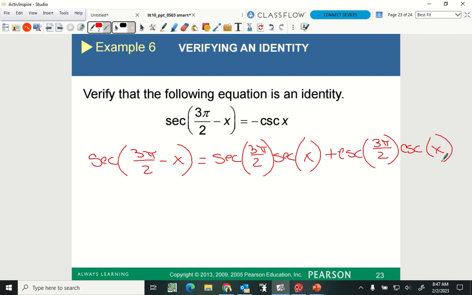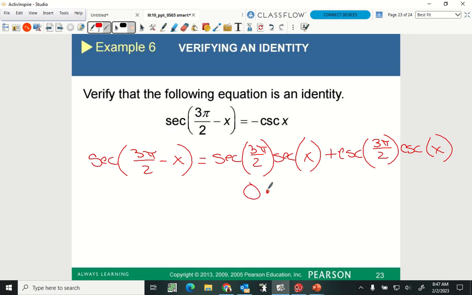But if it's secant and cosecant, you take those values and flip them over. At 3 pi over 2, what is your x value? Remember, it's alphabetical order. It's going to be 0, right?